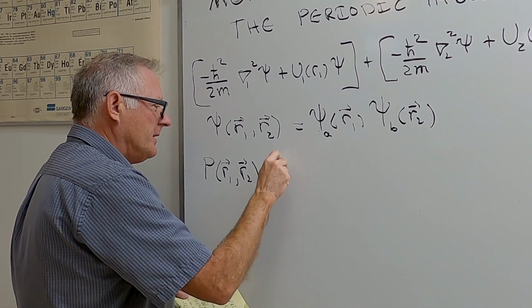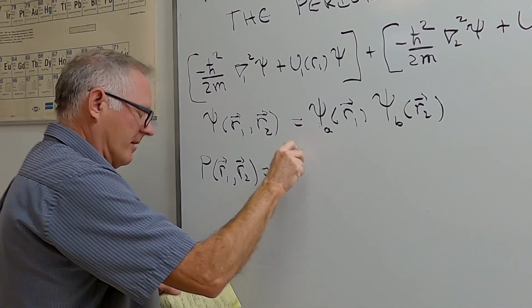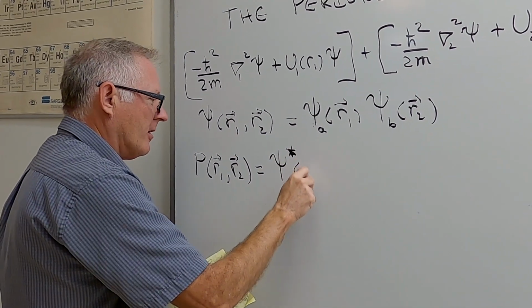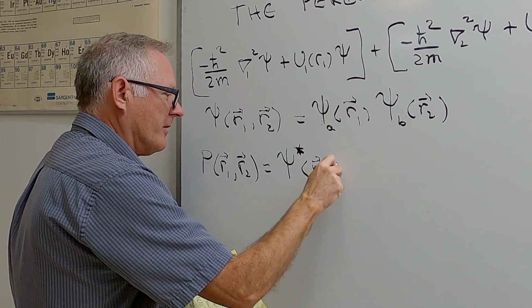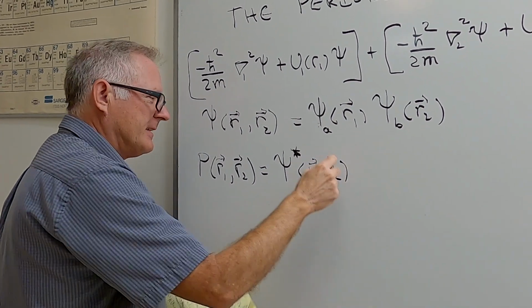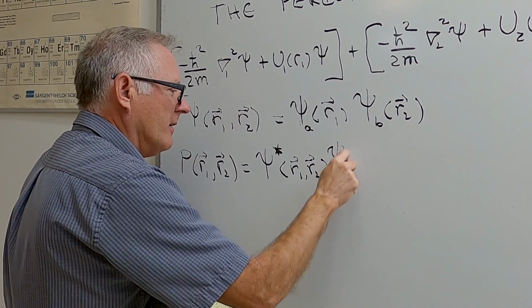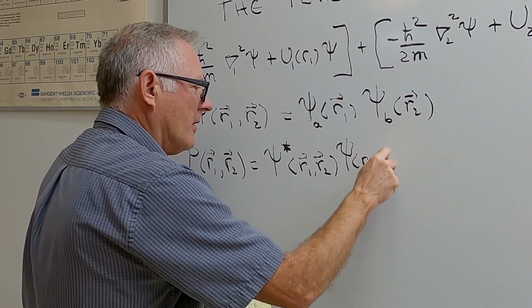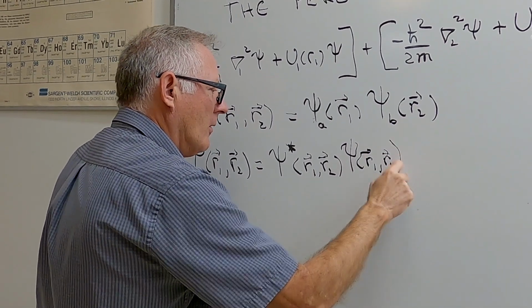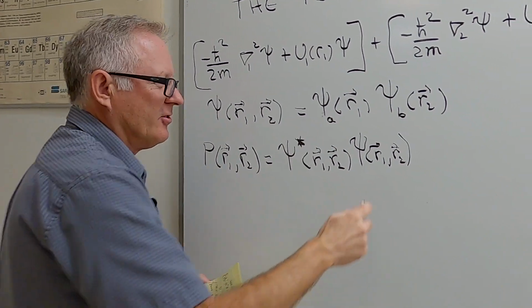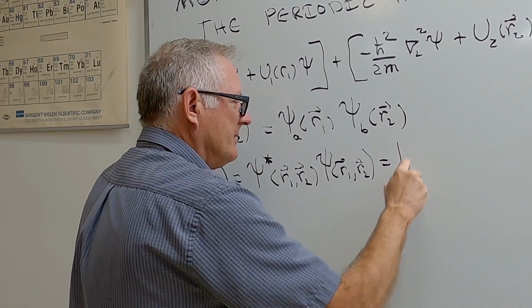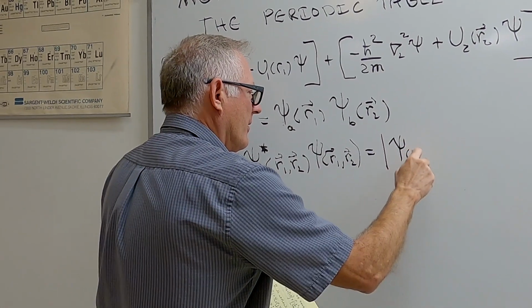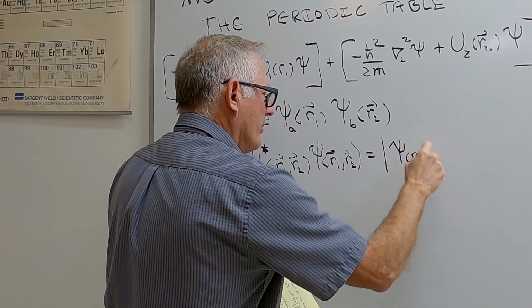So this would just be psi star of R1, R2 times psi of R1, R2, just like we did before. Or we could just say it's the magnitude squared.